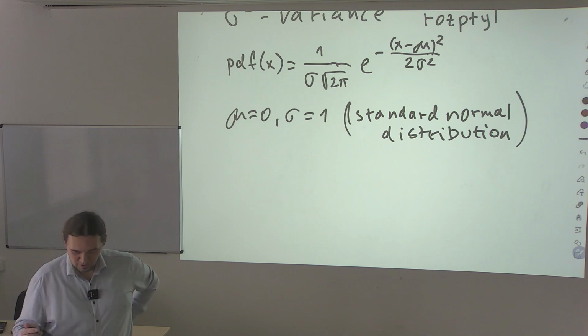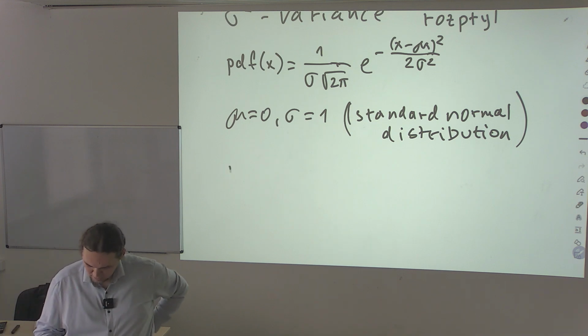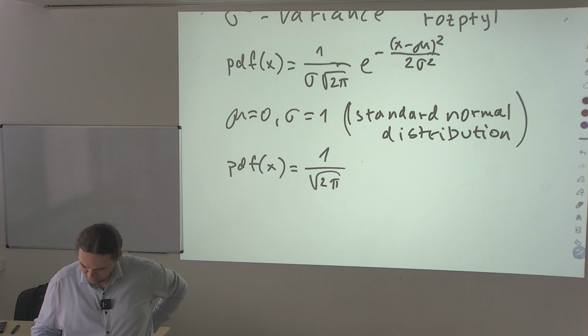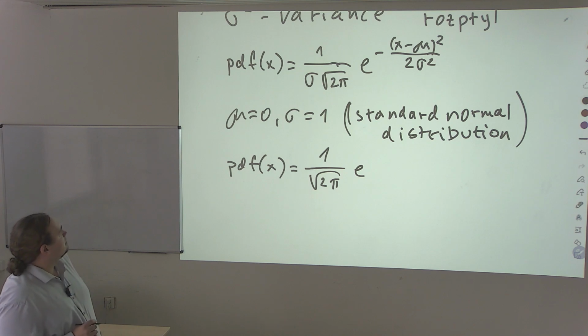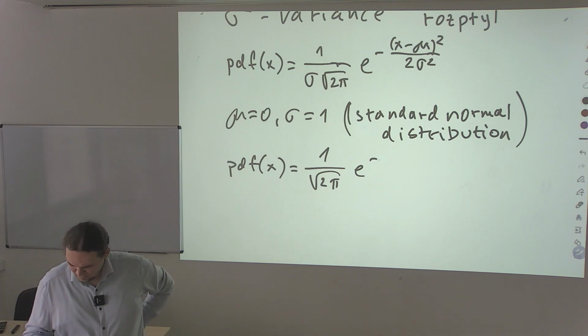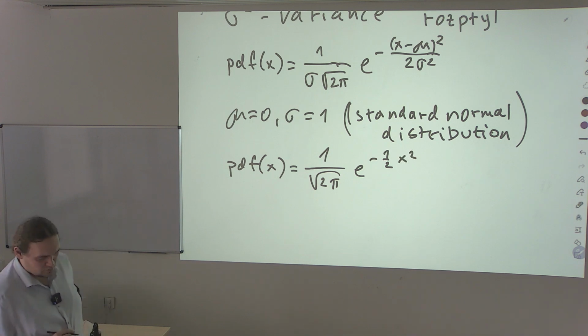Good. So in this case, our function would look like this: square root of 2 pi e to the what remains there, minus 1/2 x squared.